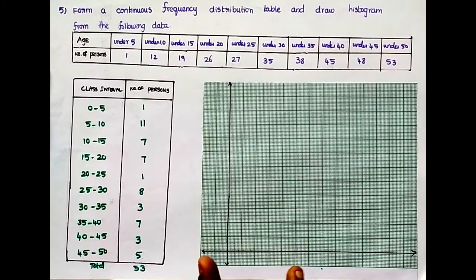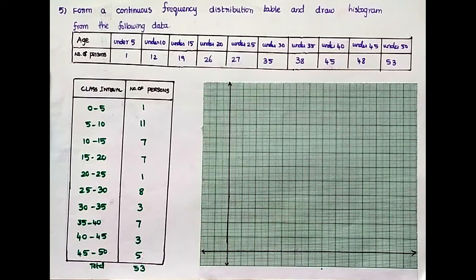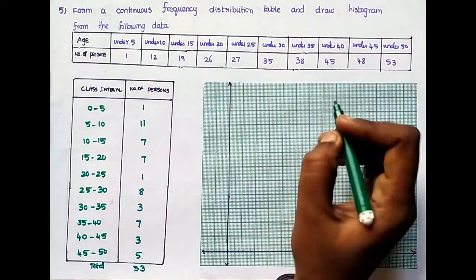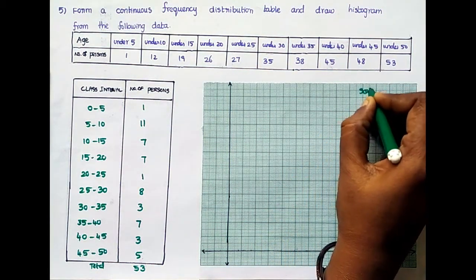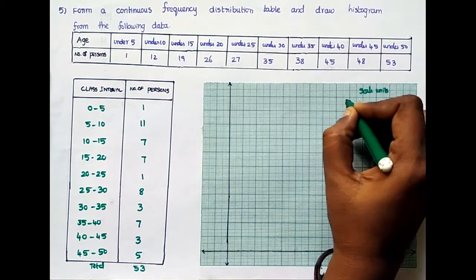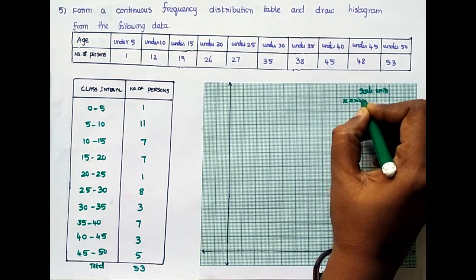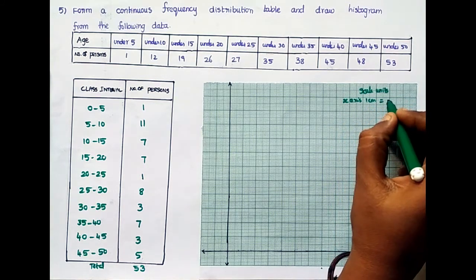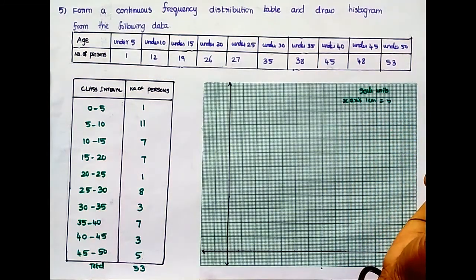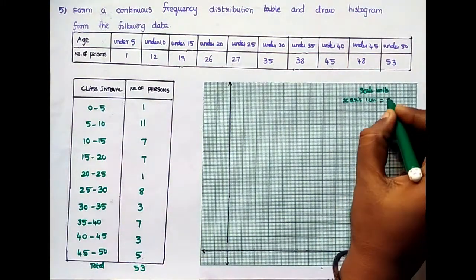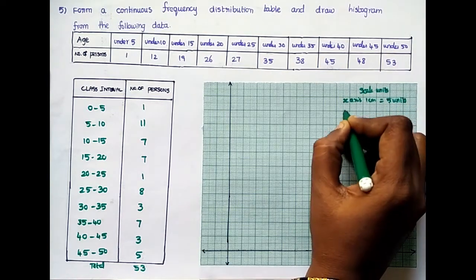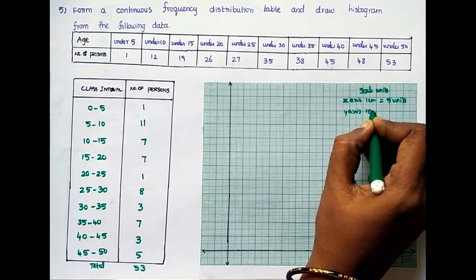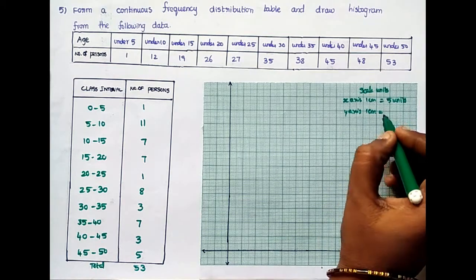So we have to draw the histogram here. First, scale units. X-axis 1 centimeter equal to 5 units, and y-axis 1 centimeter equal to 2 units.